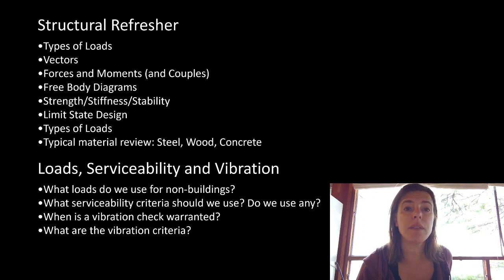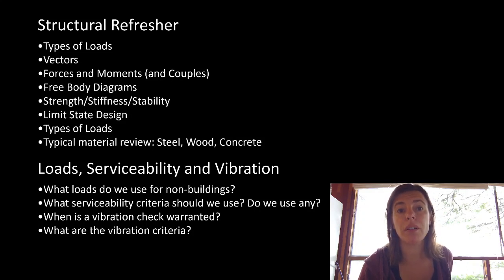We're going to remind ourselves about limit state design. We're going to talk about the types of loads, which is on there twice, but I'm talking about two different things when I say that. And then just a quick brush up on steel, wood, and concrete, which are the three main materials. We will talk about a few other material choices, especially where a lot of these things are small scale, high-end installations.